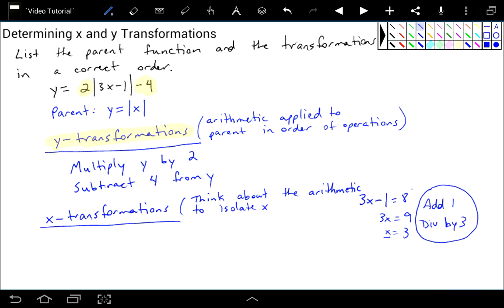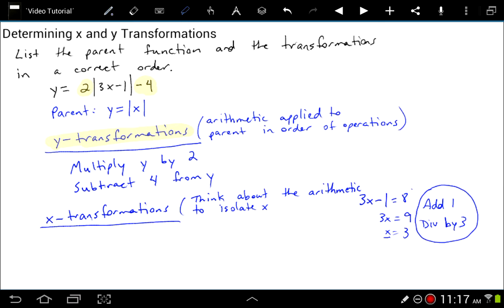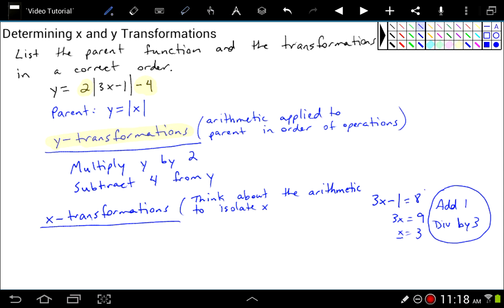Okay? That's where the x transformations come from. It's backwards. You have to figure out what to do in order to plug in certain things for x. So you would look at this 3x minus 1, and you think, oh, okay, I multiply by 3 and subtract 1. That's wrong. Okay? So I'll write this here and then I'll cross it out.